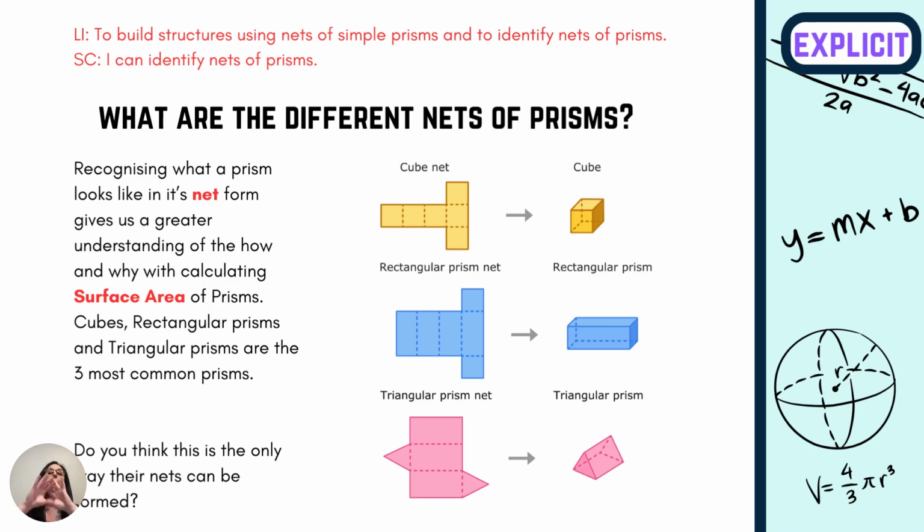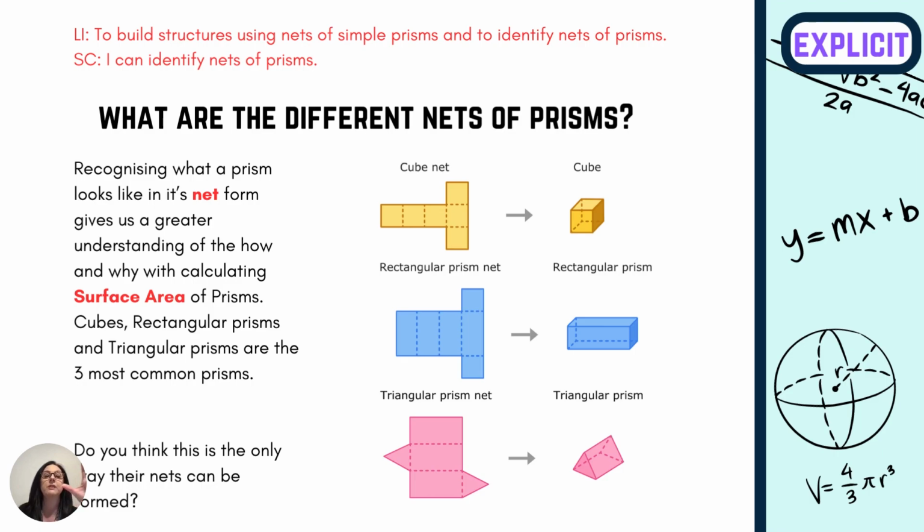So when we pull apart our net, it helps us understand the surface area, because when they're all together and it's a 3D shape, the formula is a little bit more complicated than our one just for area. Pulling it apart like this, we can see why the formula is the way that it is, because we have 2 of each, 2 and 2 and 2.